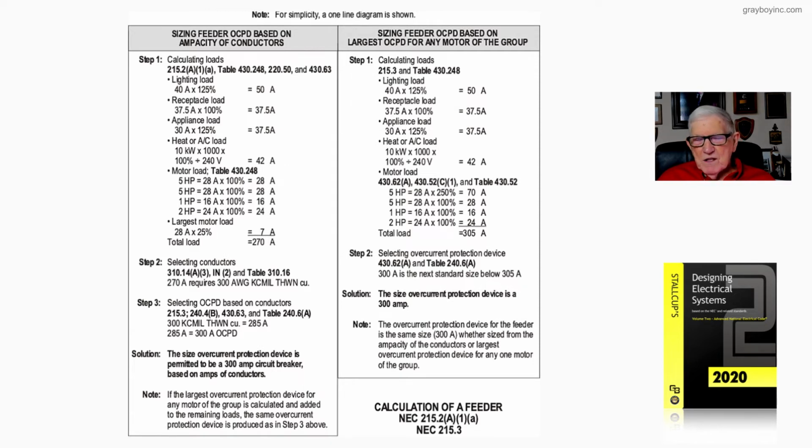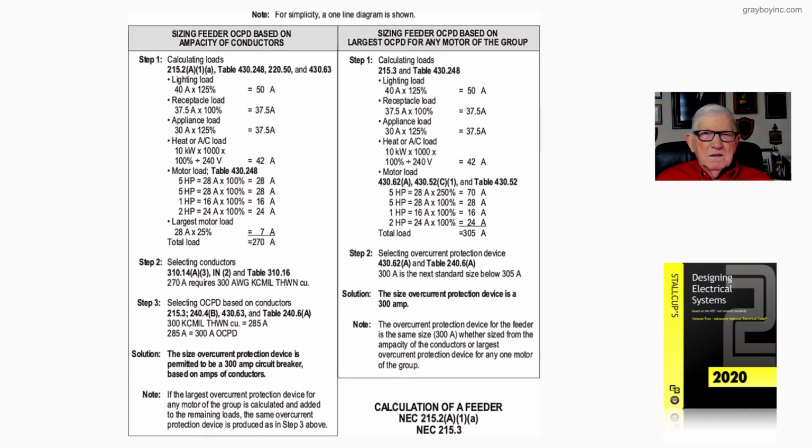The size overcurrent protection device, based upon conductor calculation now of load, is 300 amp overcurrent protection device for the conductors. And then the note says, if the largest overcurrent device for any motor of the group is calculated and added to the remaining loads, the same overcurrent protection device produced in step 3 would be used.